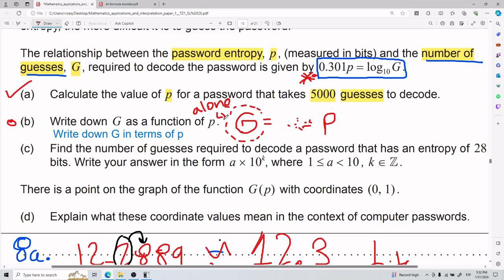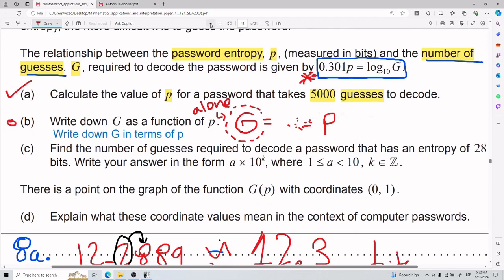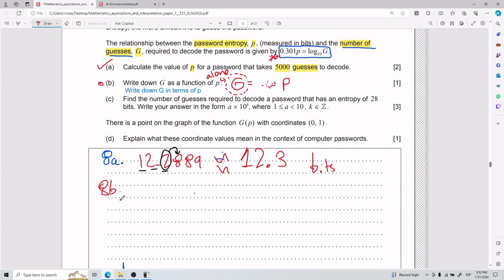G is alone, and whatever else on the other side is going to be something in terms of P. Okay? We're about to find out how to do that. Now, for part 8b, it's a little bit tricky because my equation is 0.301 P equals log base 10, and the number that's inside is G.